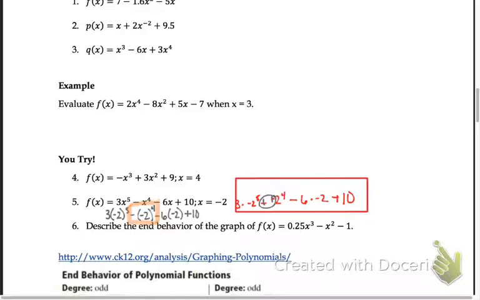Whatever value you're putting into your function, you need to put a parenthesis around it. I don't care if it's positive. Get in the habit of putting a parenthesis around it. That way, when it's negative, it's not going to be as big of a deal, and you're not going to have to change how you input it into your calculator or your equation.